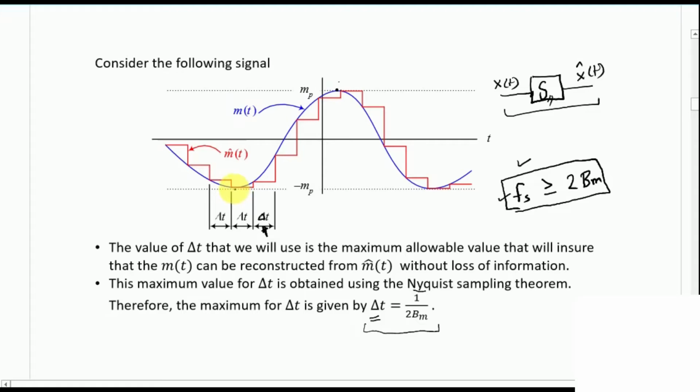Similarly, on the lower side, the negative peak, the message signal m of t, the blue one, is at minus mp, and for the staircase one, again this block is at minus mp. So for both the signals, the minimum and the maximum values are almost similar.